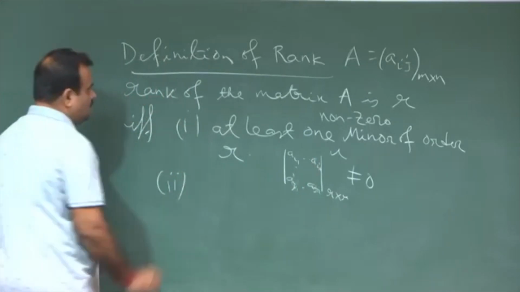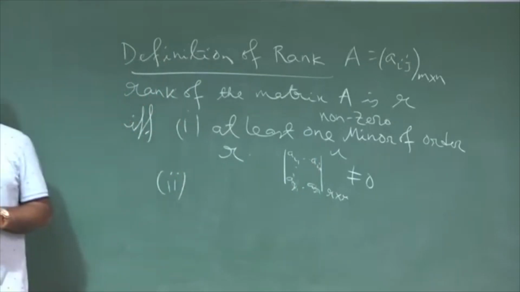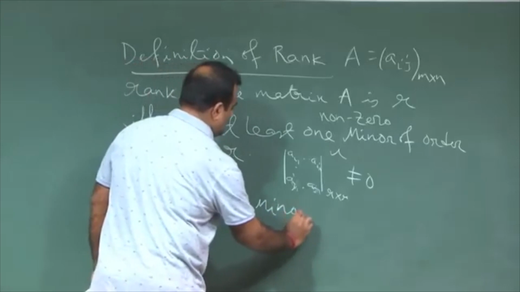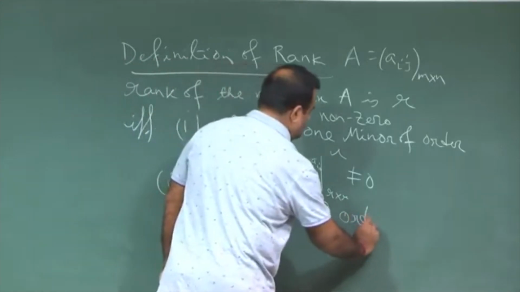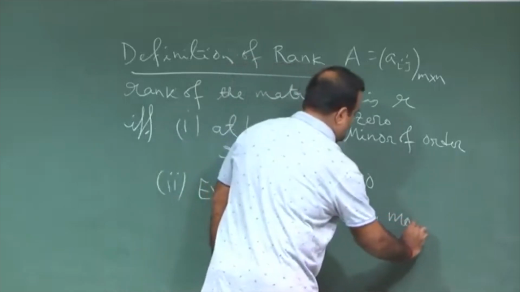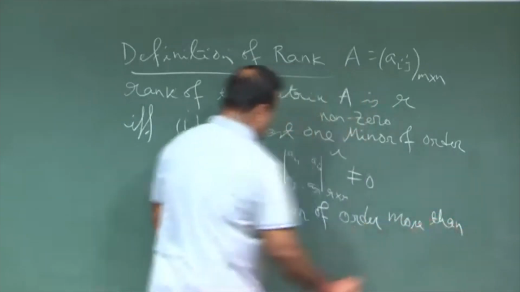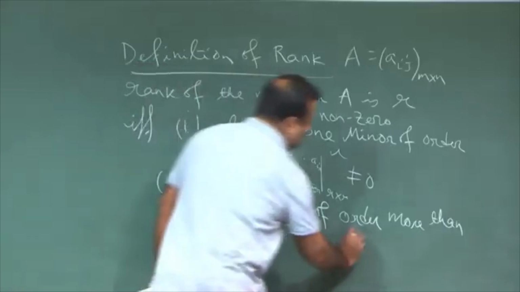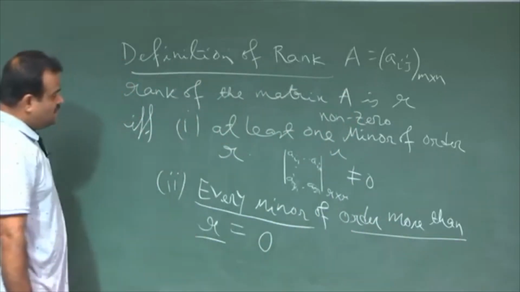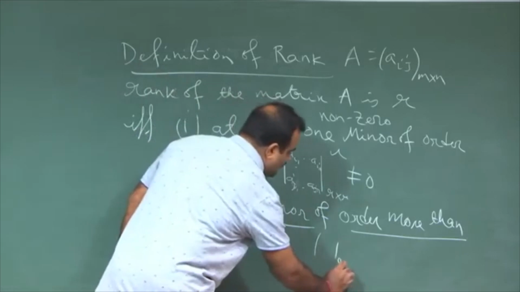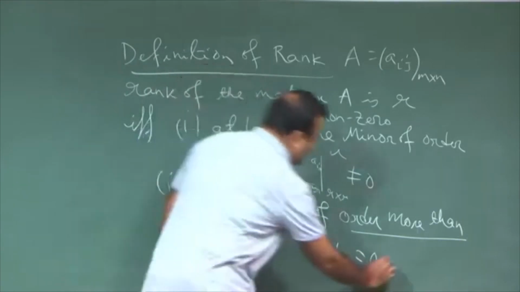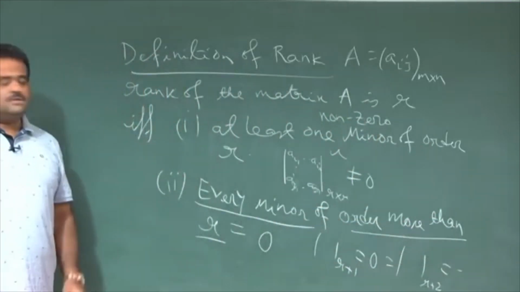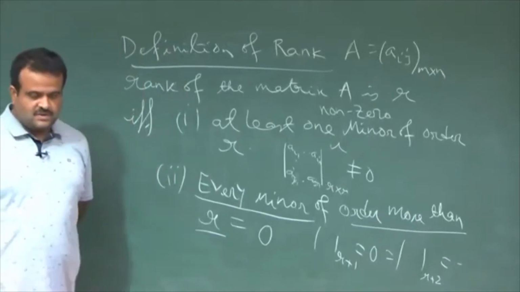And the second one is that every minor of order more than r should be 0, that means r plus 1, r plus 2 and so on. So, all the minors of order r plus 1 are equal to 0, all the minors of order r plus 2 are equal to 0, and so on. This is called the determinant definition of a rank.